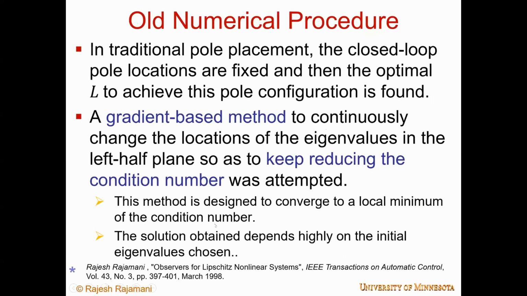But the problem with this method was that it depended highly on the initial eigenvalues chosen. The initial eigenvalues determined what condition number and what eigenvalues you ended up with. So it wasn't a very good numerical method.